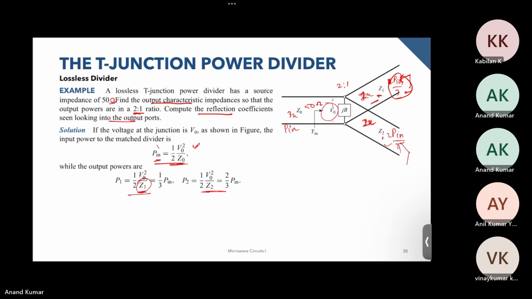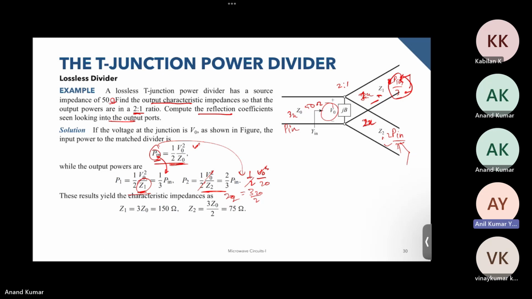Substituting P_in, which is half V naught square by Z naught, and cancelling terms, we have 2 by 3, so the Z2 term comes out to be 3 Z naught by 2, I believe. Similarly, if we substitute P1 here, we get Z1.